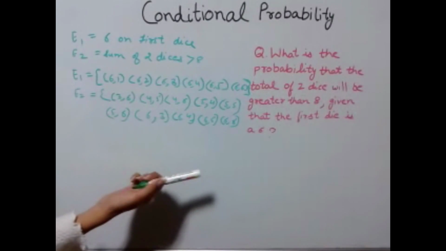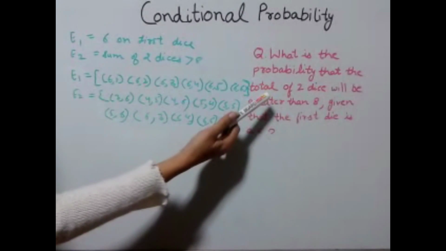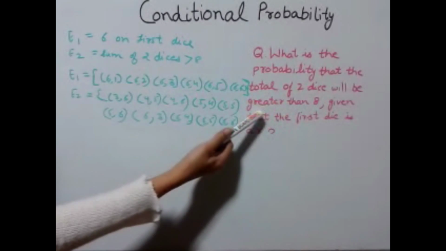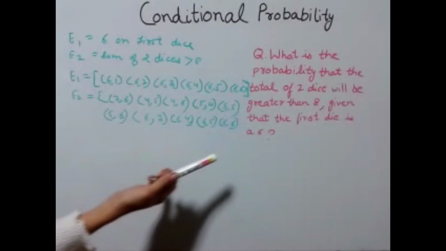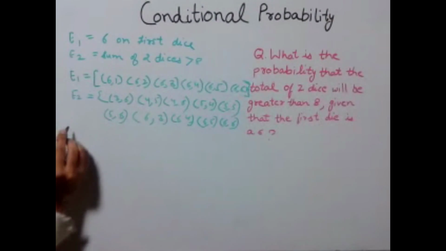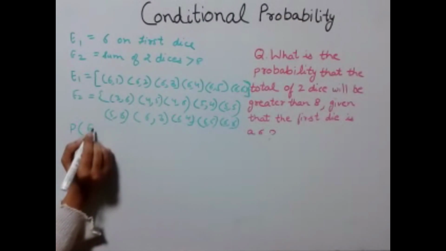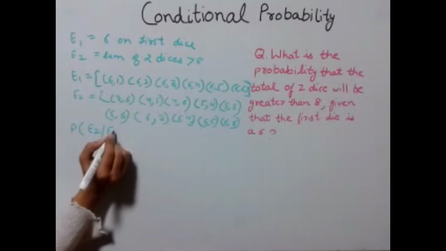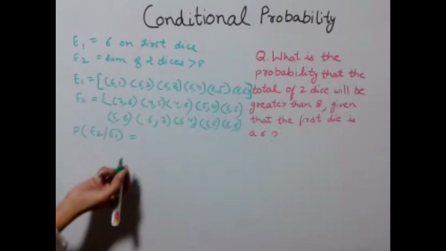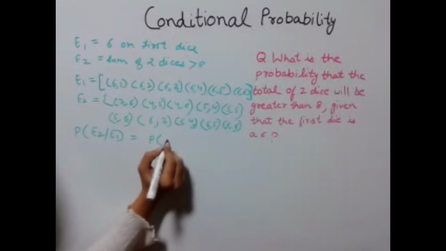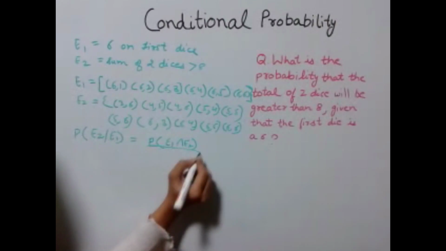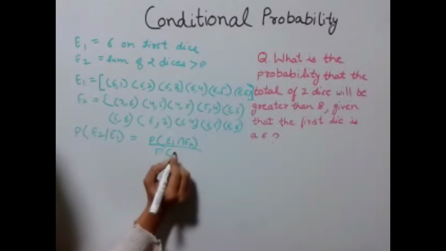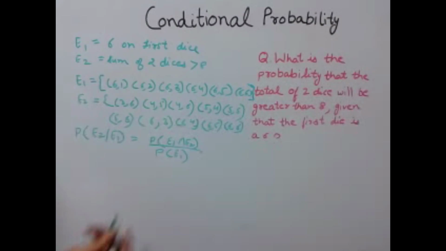In our question, we need to find out probability that total of the 2 dices would be greater than 8 given that first die is 6. That is, we need to find out probability of E2 given E1, which will be equal to probability of E1 intersection E2 divided by probability of E1.